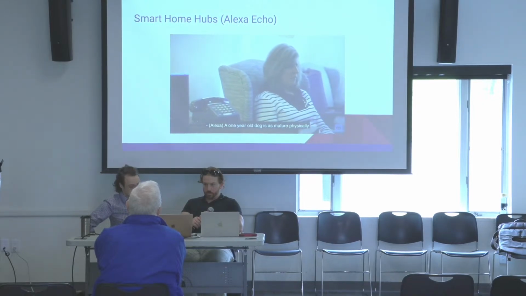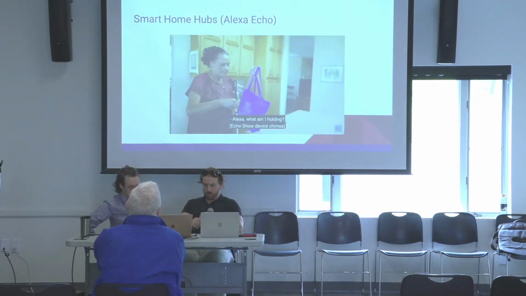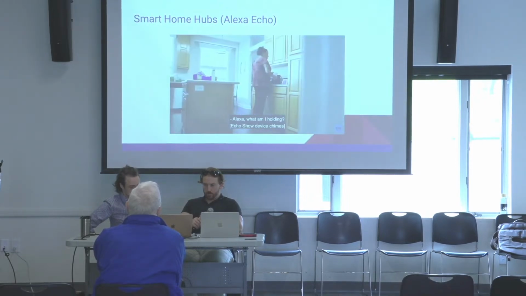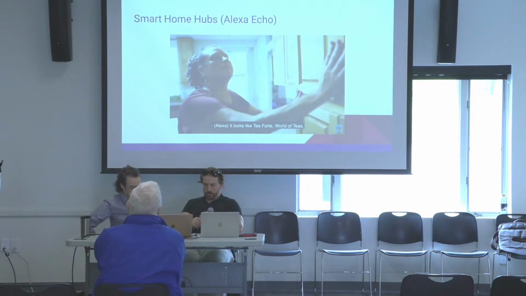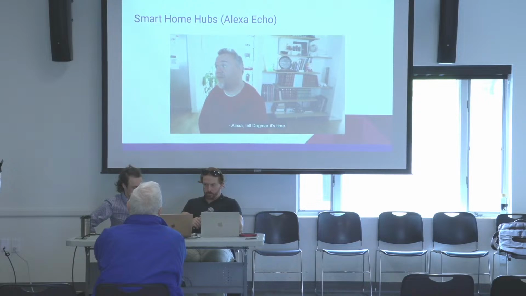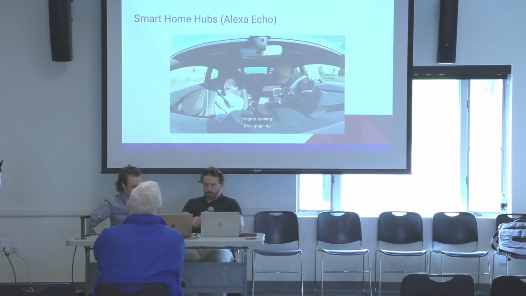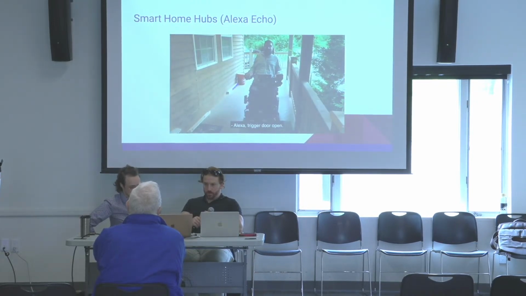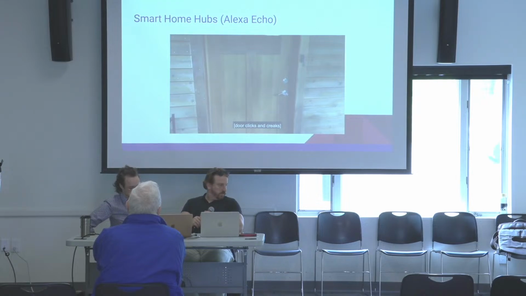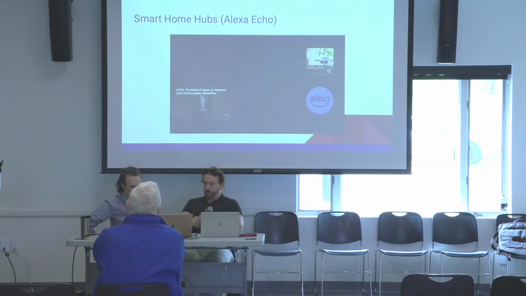A 1-year-old dog is as mature, physically, as a 15-year-old human. A woman with a cane. Alexa, what am I holding? It looks like Tea Forte World of Teas. Alexa, tell Dagmar it's time. A robot vacuum rolls off. You want to go for a ride? A boy in a car laughs. Alexa, trigger door open. A young man moves his power chair to the door with a mouth stick. This is Alexa for everyone. Alexa, learn more at amazon.com/Alexa accessibility.